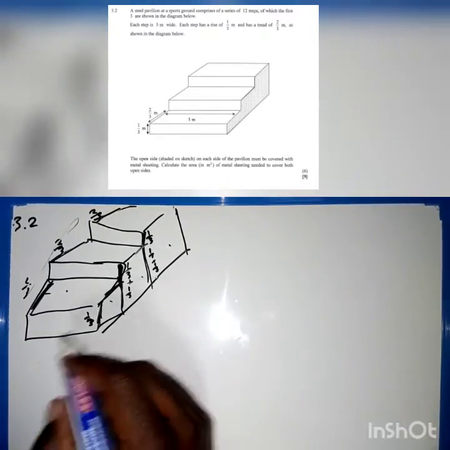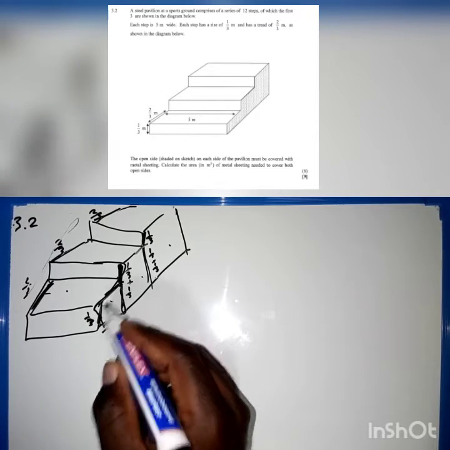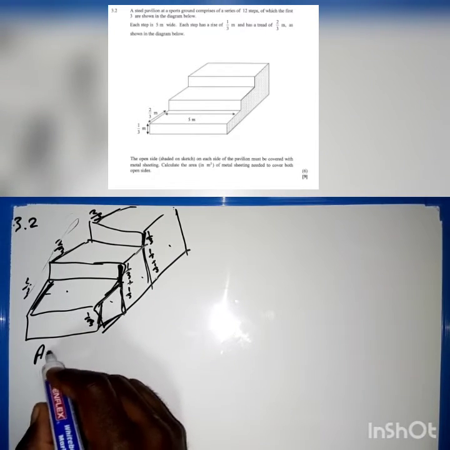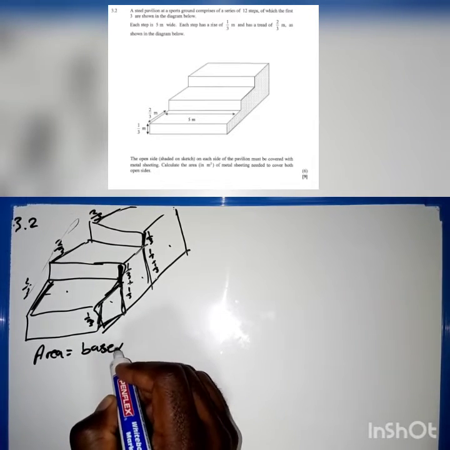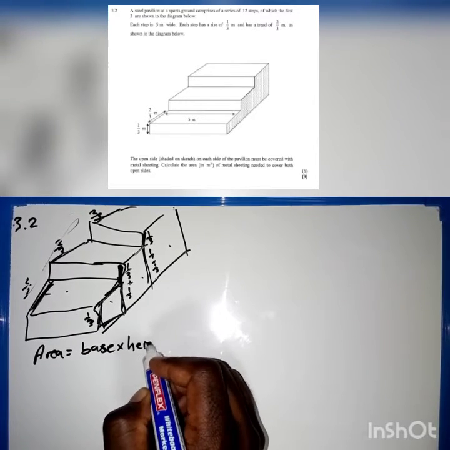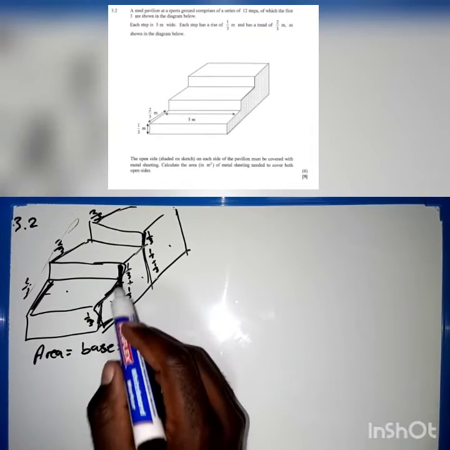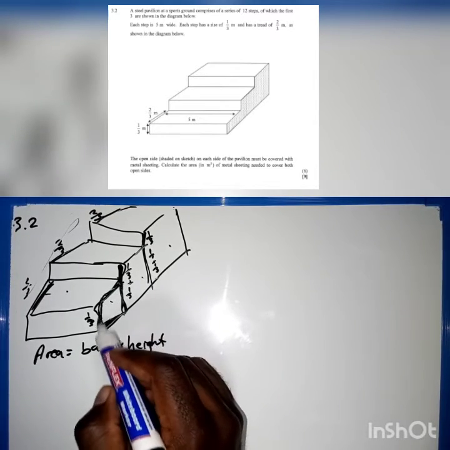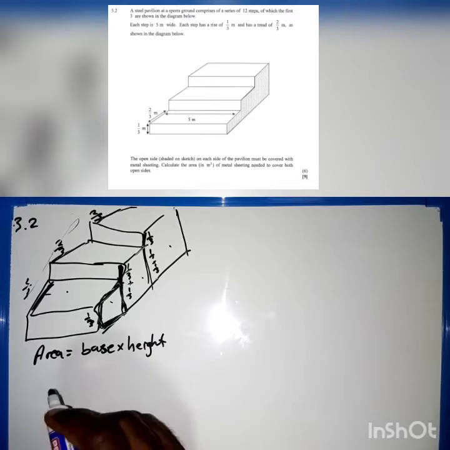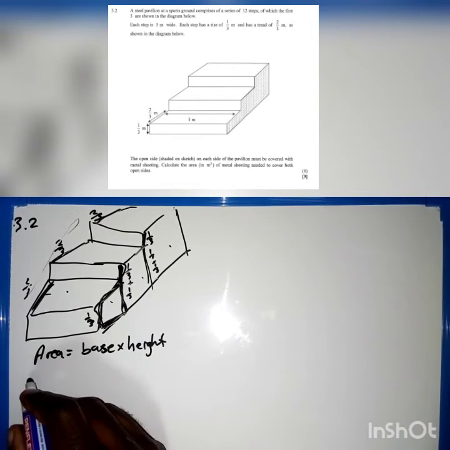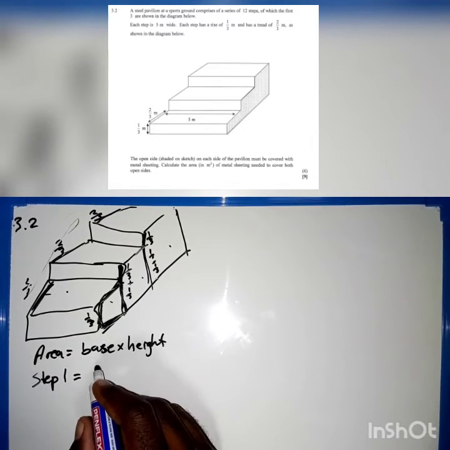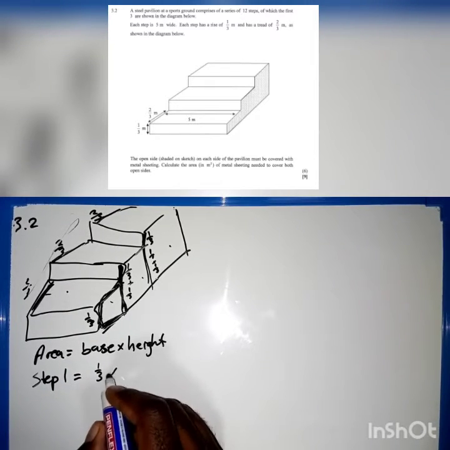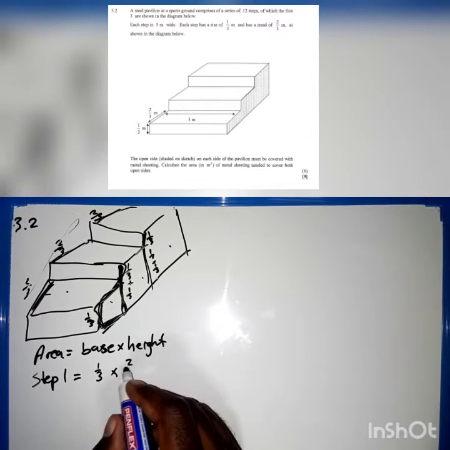So we know that area of a rectangle is equal to base times height. So for this rectangle here, the area will be, so I'll say block step 1. The area will be equal to 1/3 times 2/3.